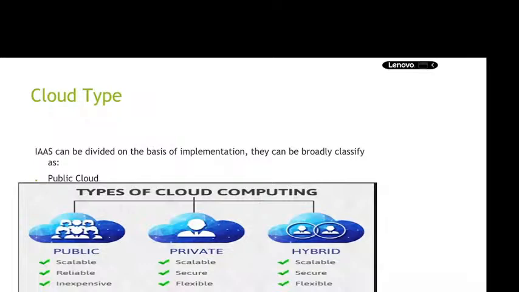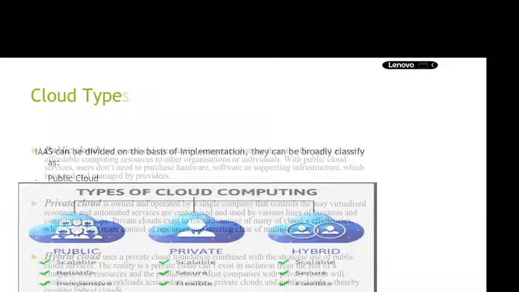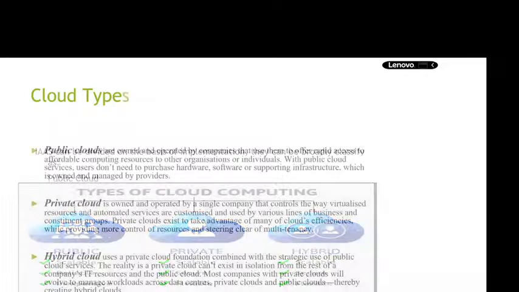Next, to provide cloud computing there are many vendors. What are they? Any idea?